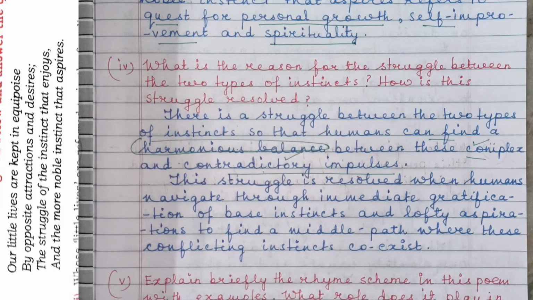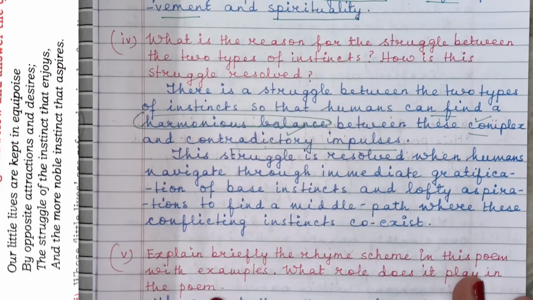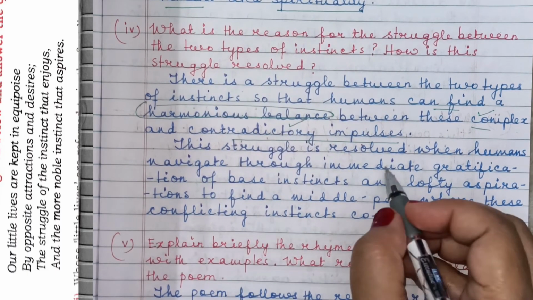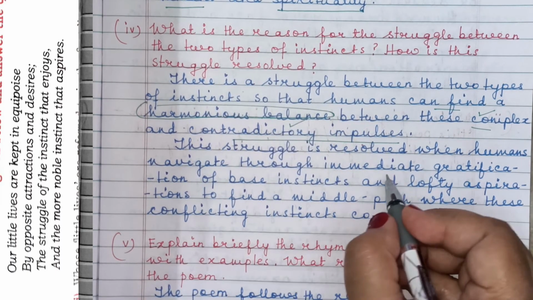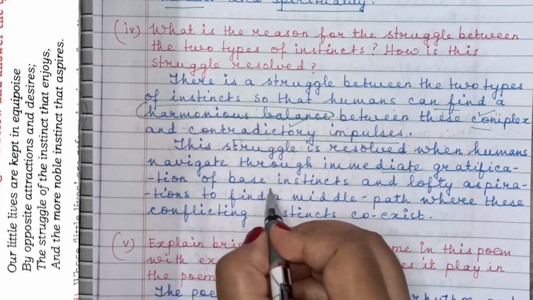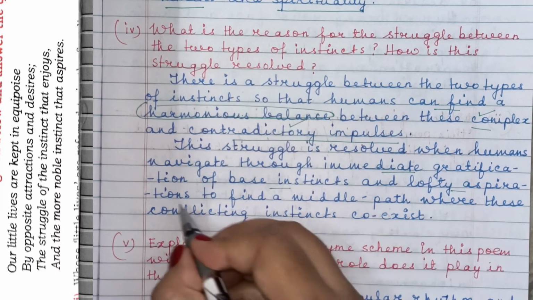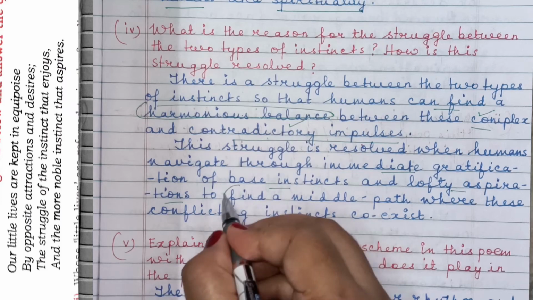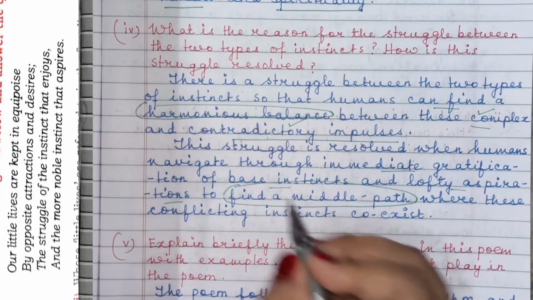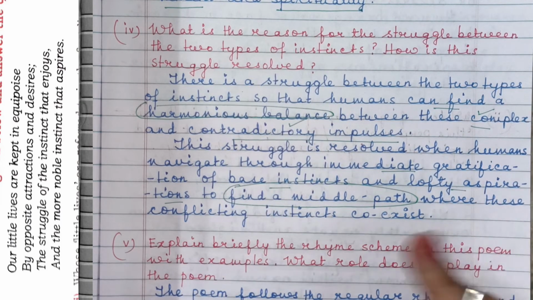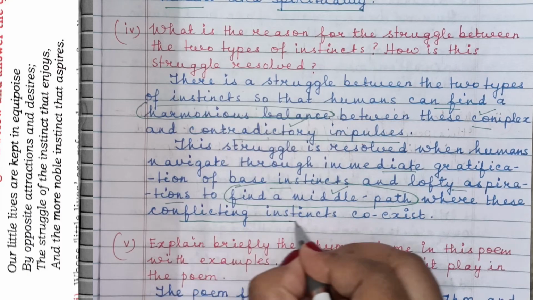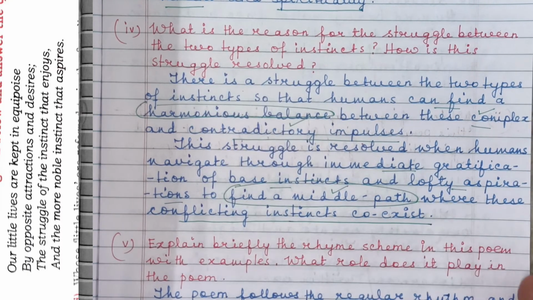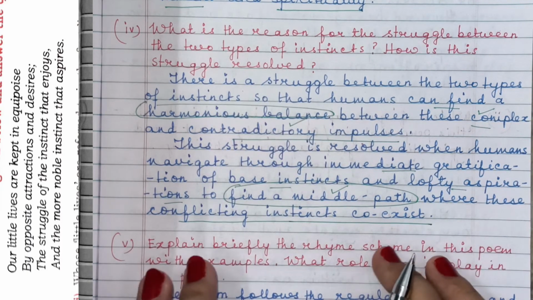So there is a constant tug of war, a tussle. And how is this struggle resolved? The struggle is resolved when humans navigate through immediate gratification of base instincts and lofty aspirations to find a middle path. So we must experience everything so that we can find a middle path, a midway, where these conflicting instincts coexist. So this is the solution.